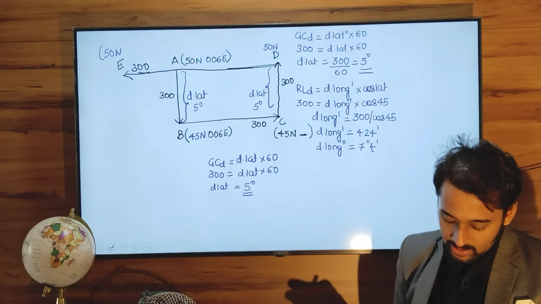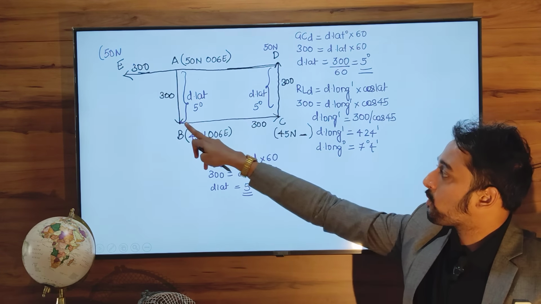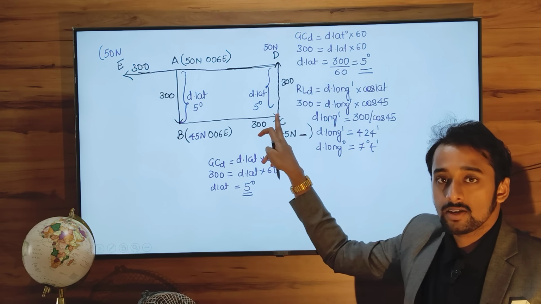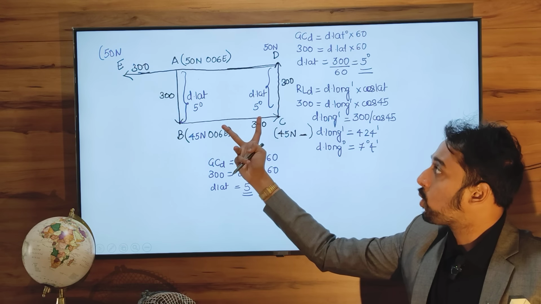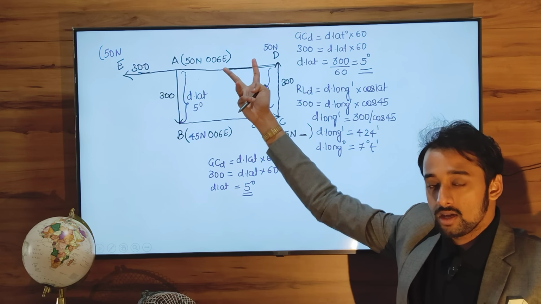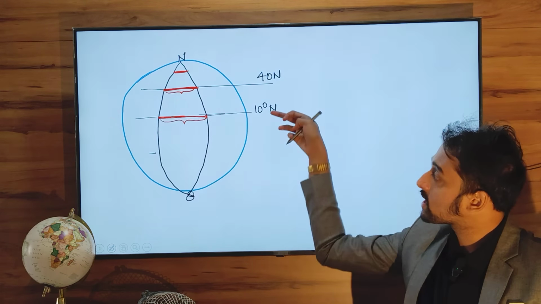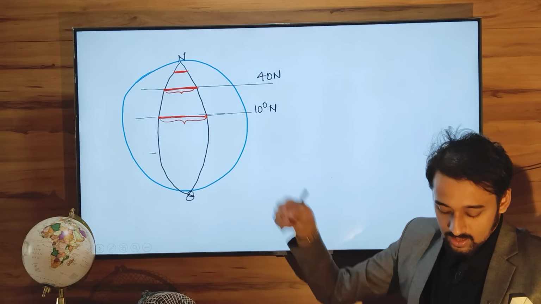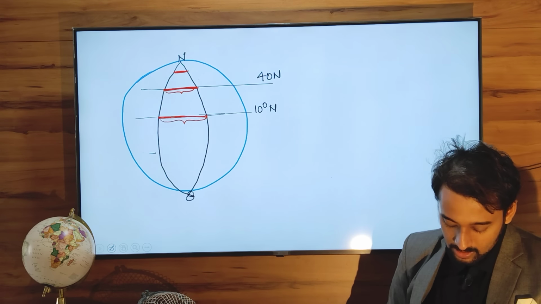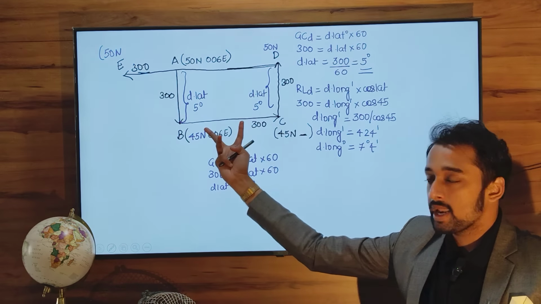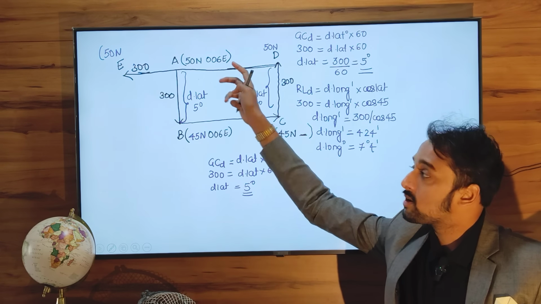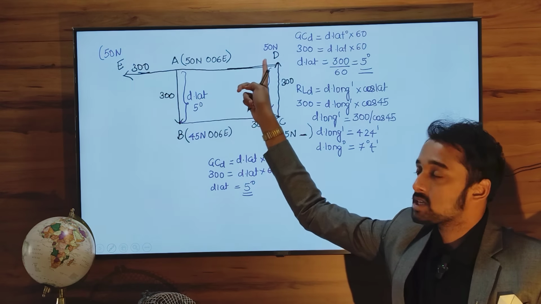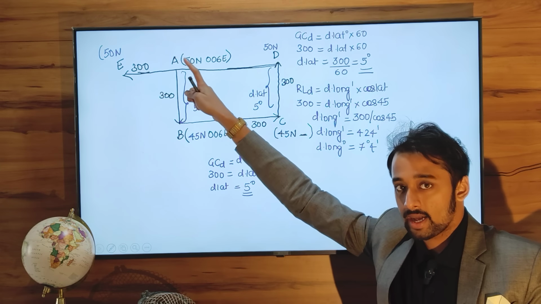So let's come to this. At 45 degrees north, the distance between two longitudes is this much. When you go to a higher latitude, the distance decreases. So the same 300 nautical miles at 45 degrees north, when you go to a higher latitude, will not be this much, it will be more than that.